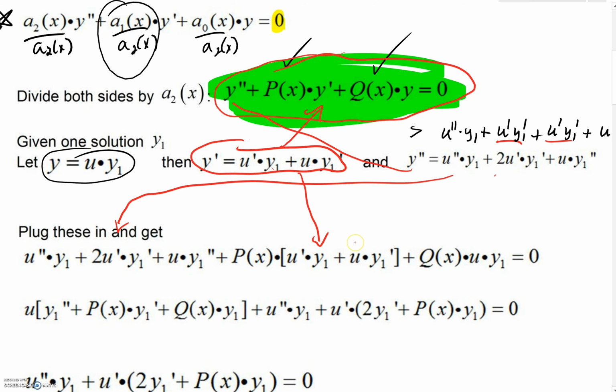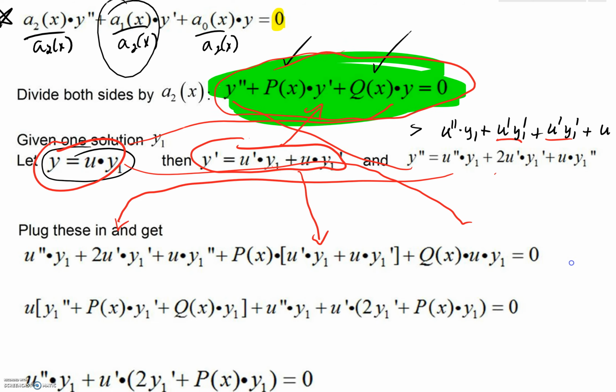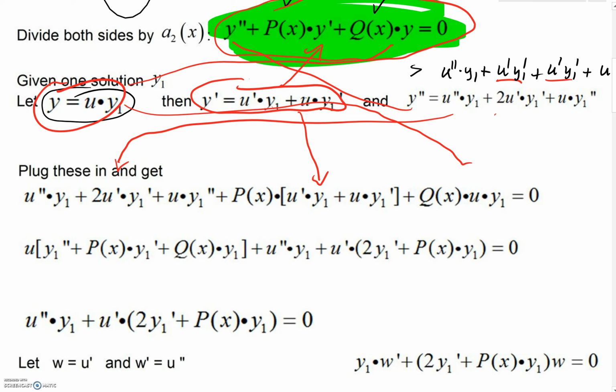We're just going to rewrite it in that regard. And finally, we'll say plus q of x times y. But what's y? Well, it's what we started with, it's going to be u y sub 1. So it's right here where it looks rather messy. It's looking quite a bit messy, dare I say.